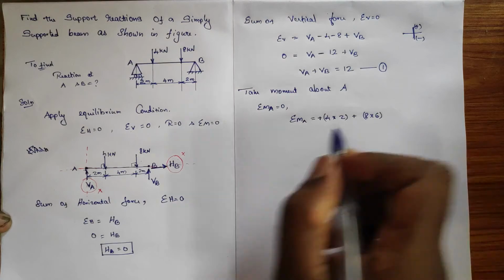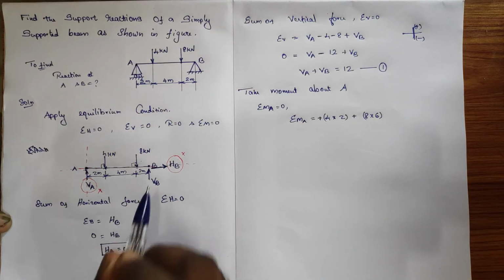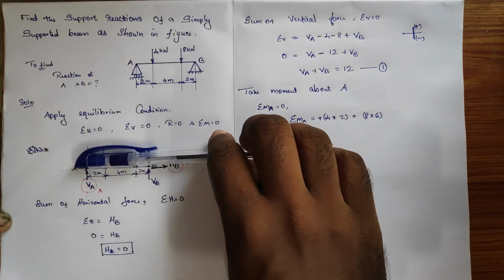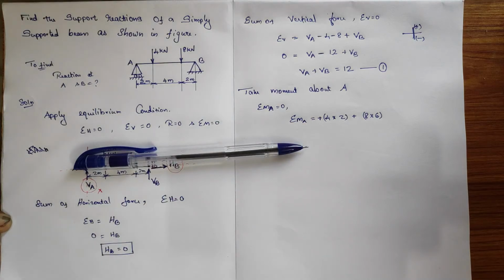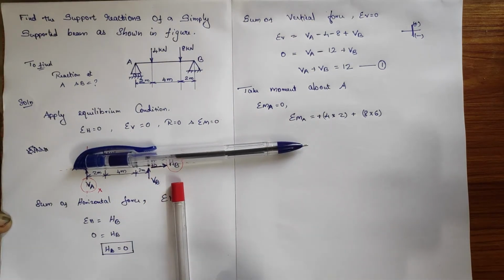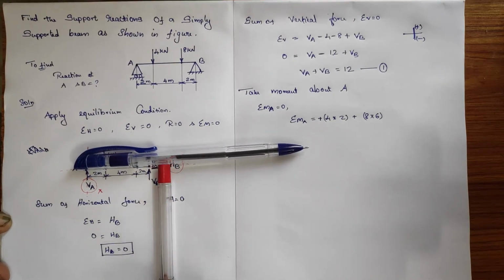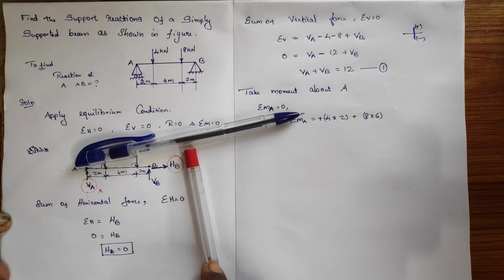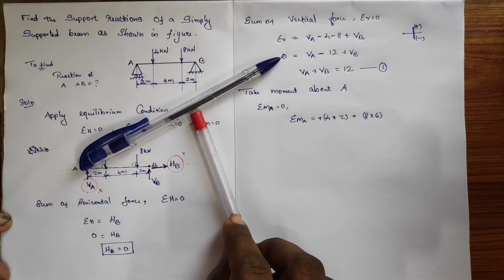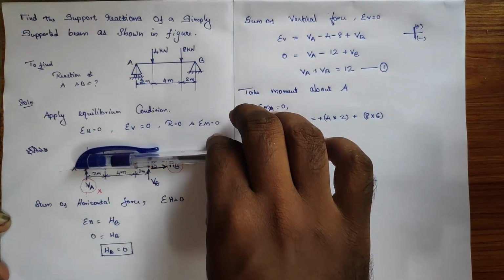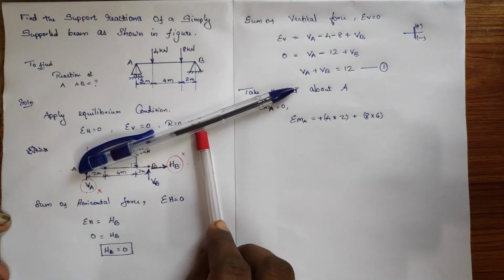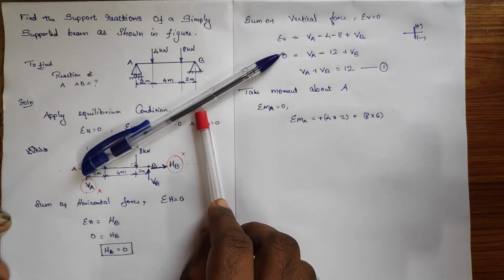Okay, and then the last one, VB. Force VB, just see the beam is something like this, and the force is acting from down to up, am I right? Upwards, it is acting upward. So how will the beam rotate when you apply the force like this? Clockwise or anti-clockwise?